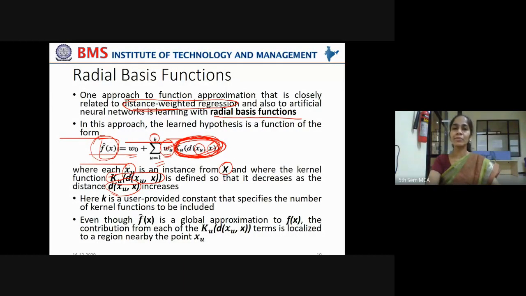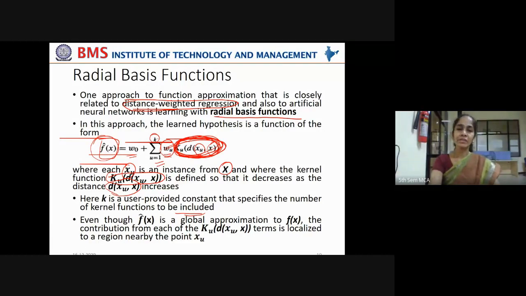So it is a reciprocal. It is inversely proportionate. If the distance decreases, the kernel function increases. If the distance increases, the kernel function decreases. Okay? K is a user provided constant that specifies the number of kernel functions to be included.